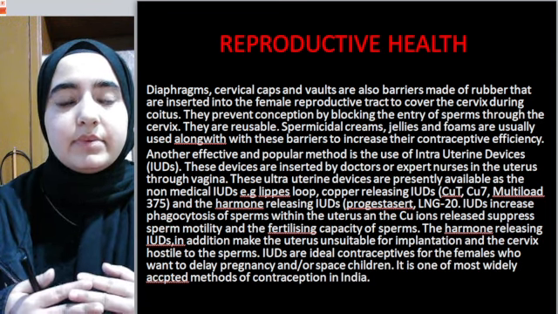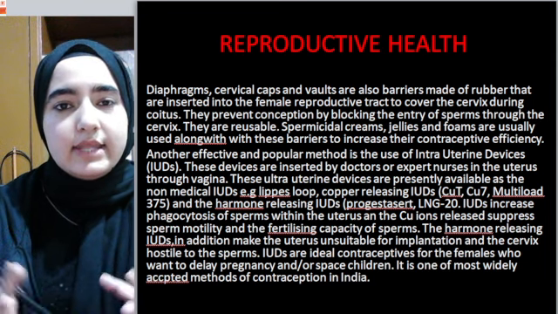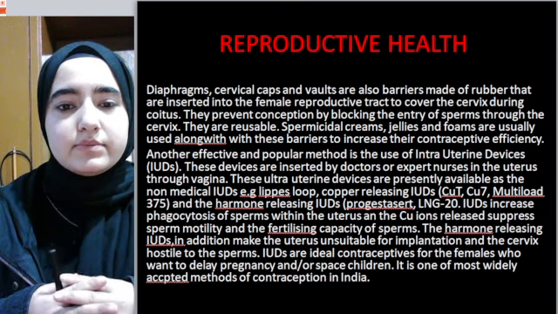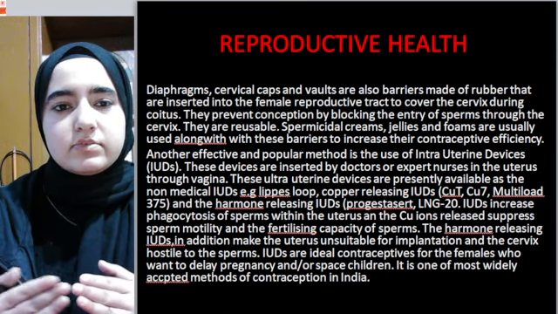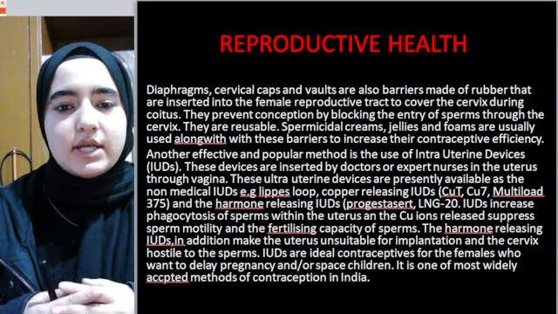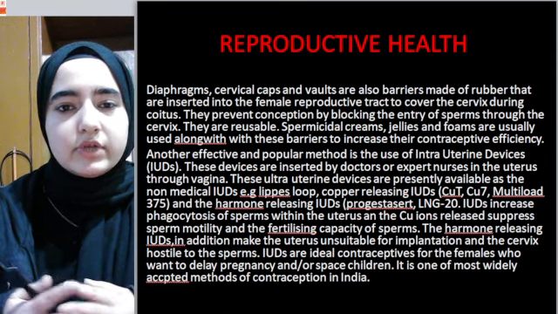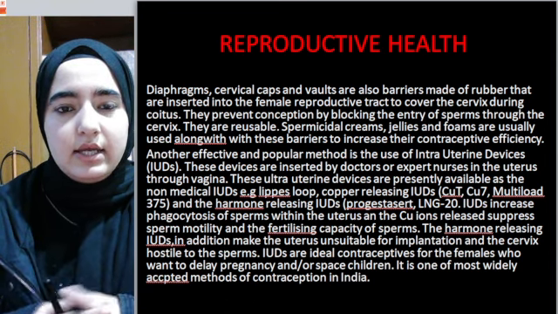They help us by preventing conception. How? They just block the entry of sperm through the cervix. Since sperm can't enter the female genital tract, the further process can't take place.